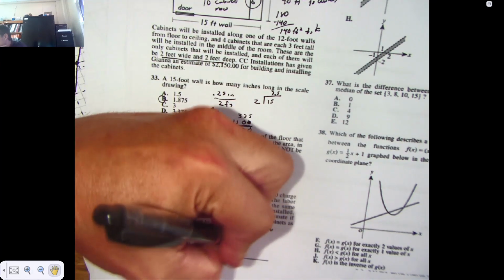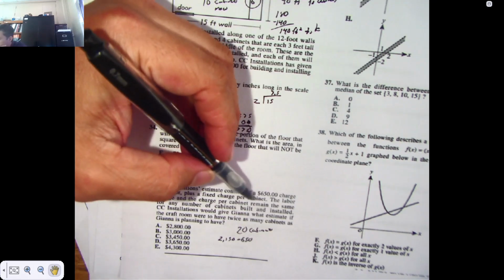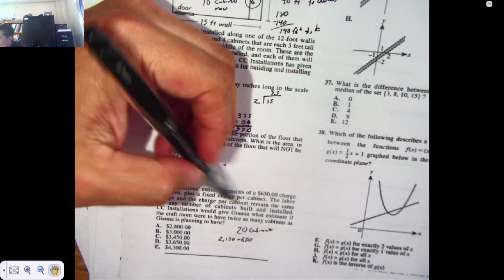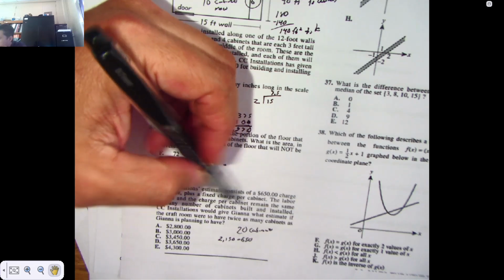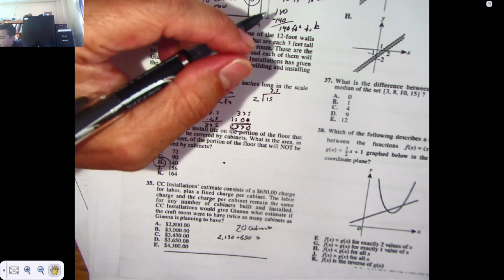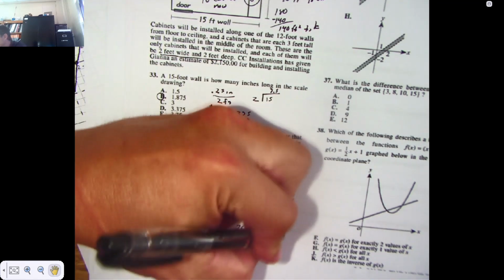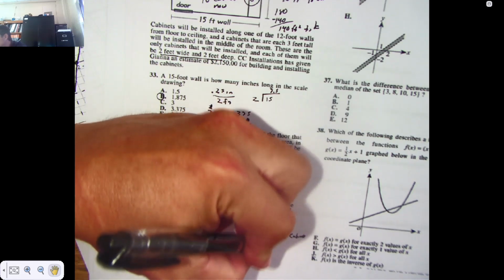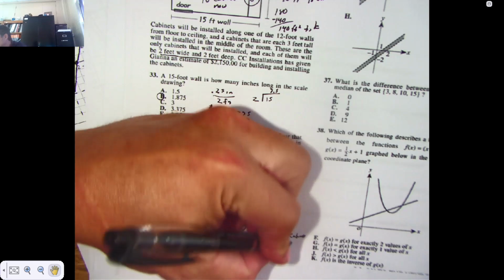So I take away the $650. Labor is going to remain the same and the charge per cabinet is the same. If I take away $650 from $2,150, I get $1,500. And that goes into 10 cabinets, so each cabinet is $150.